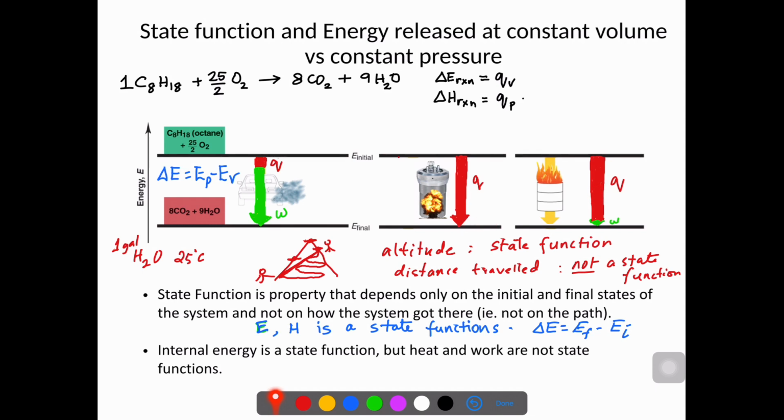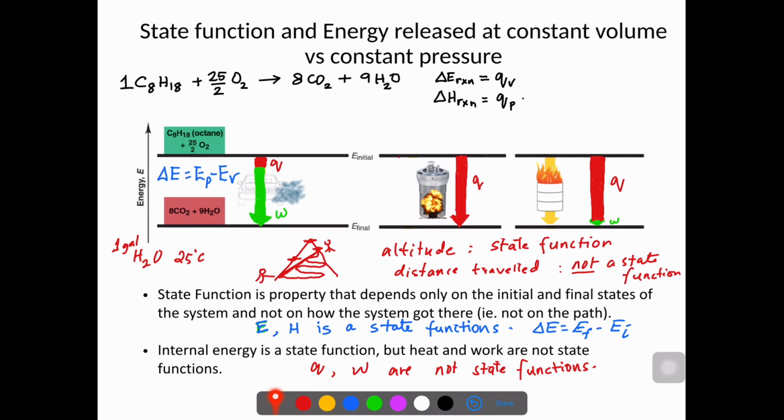Okay, so Q and W depend on the path, on how you carried the reaction, whether at constant pressure or volume. So we can say Q, the heat, and work are not state functions. They are path functions. Okay, so make that distinction there.